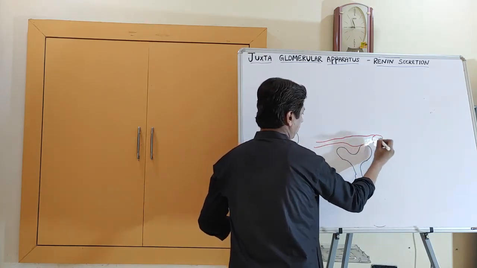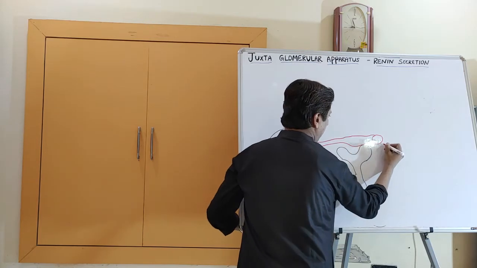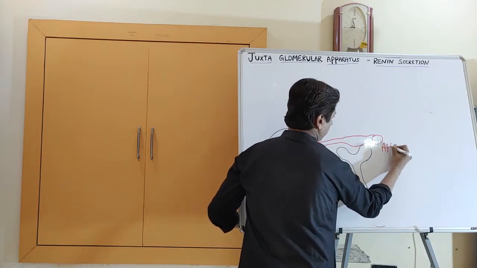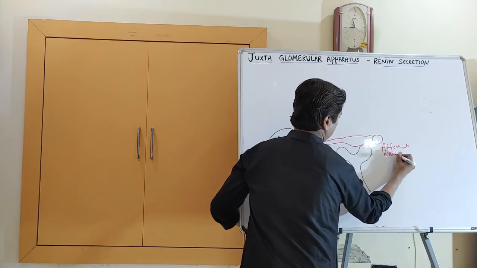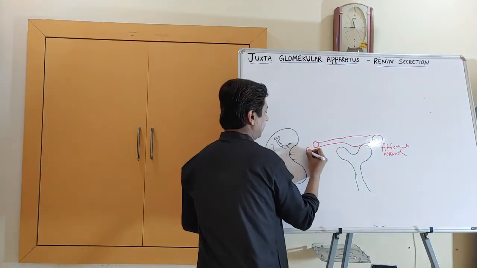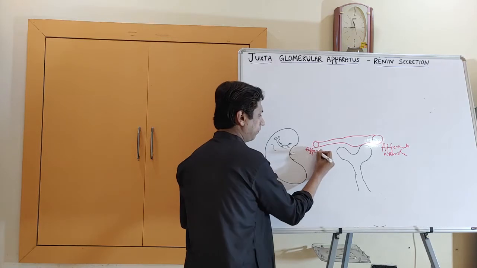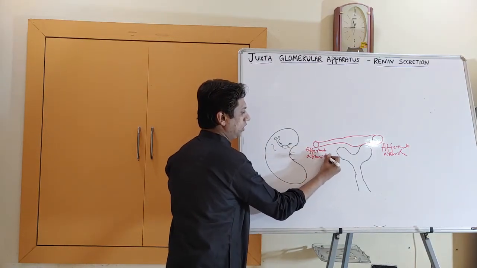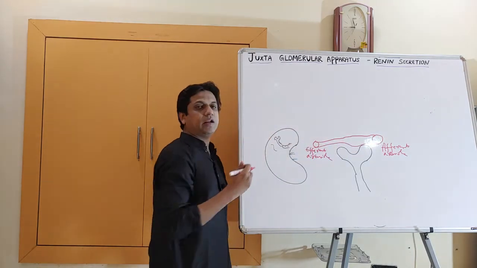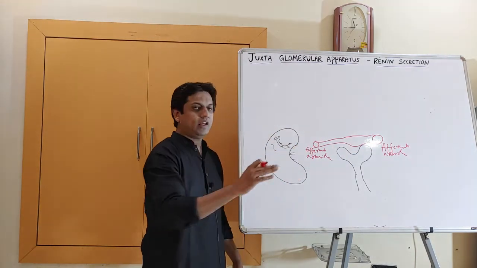This is the afferent arteriole, and this one is the efferent arteriole. Afferent is where the blood enters and efferent is where the blood will exit.